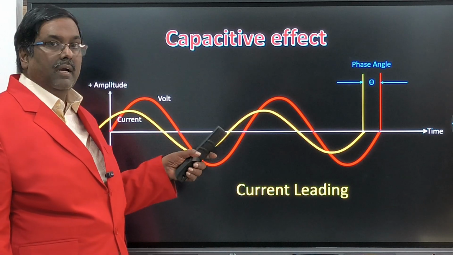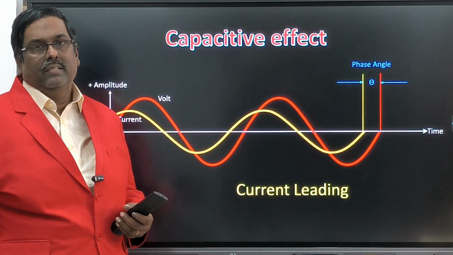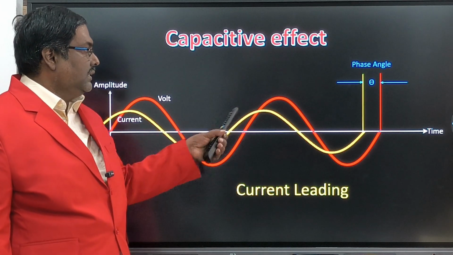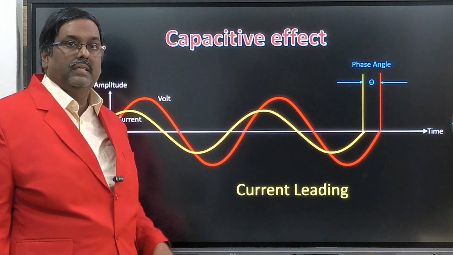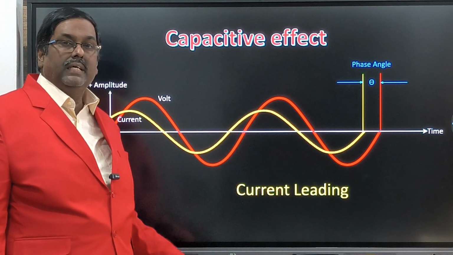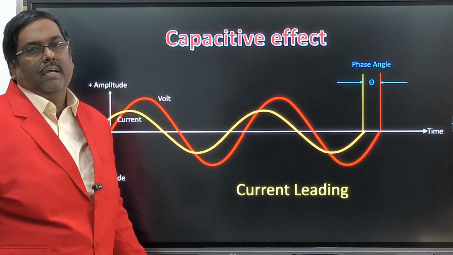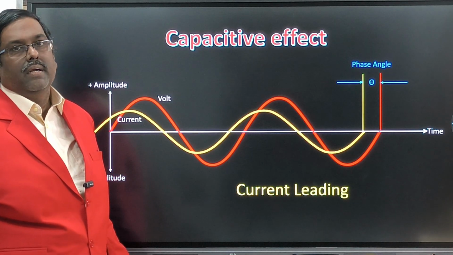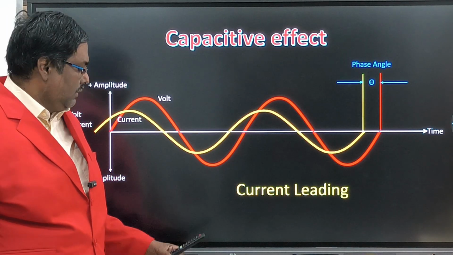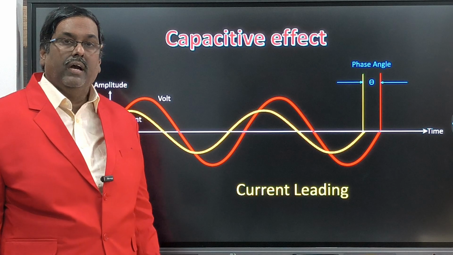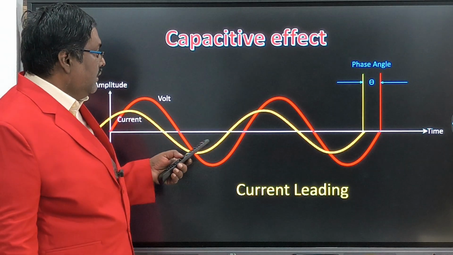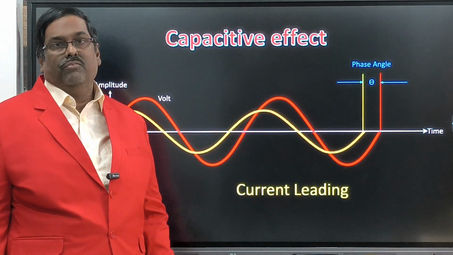So due to the delayed current, there is lagging. Current lagging is there. Time delay is there. For adjusting that, we can use a capacitor so that it will compensate that lag delay. It will compensate the delay so that you will get a better power factor. Okay? So this is what we have to understand before entering the topic of power factor.